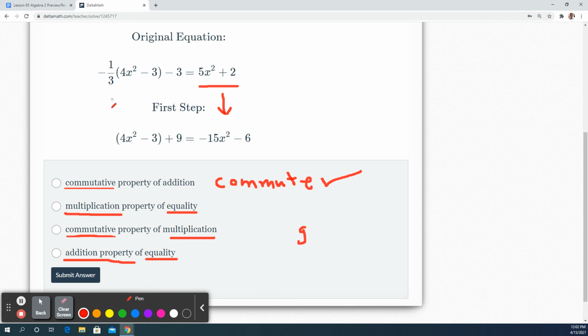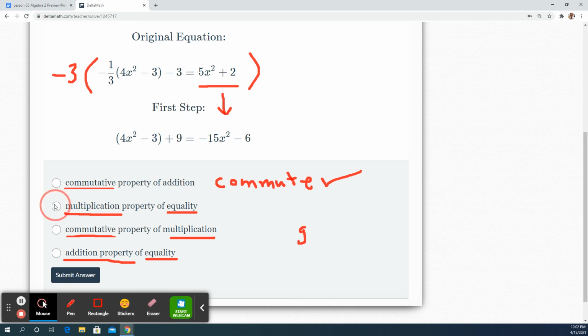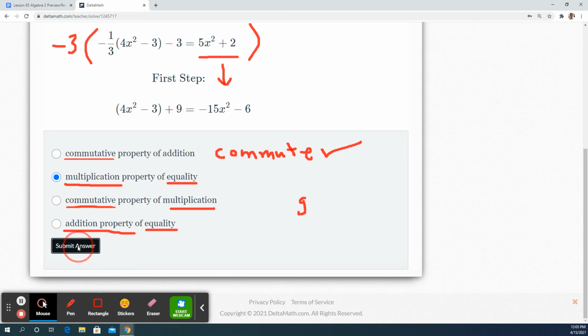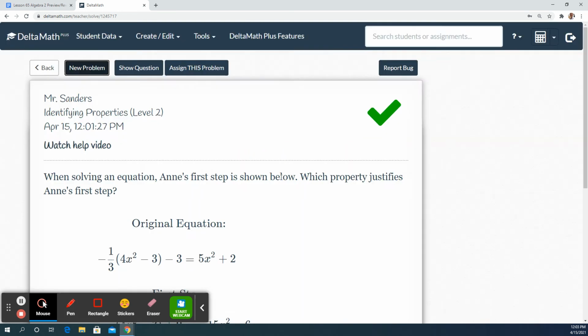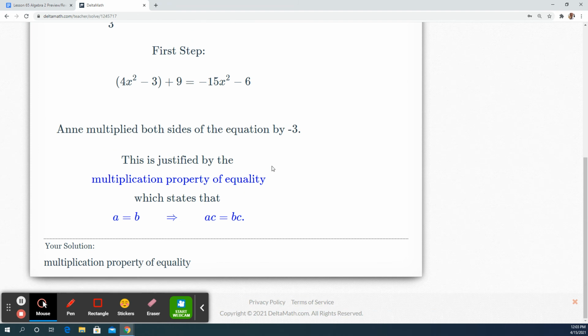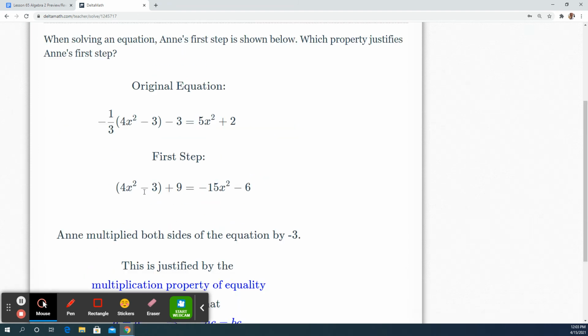And then the negative 1/3 went away. So it looks like we multiplied by negative 3 here, but you did it to both sides. So it's a multiplication property of equality. Yep. What you do to one side, do the other, and there's our multiplier being applied to it.